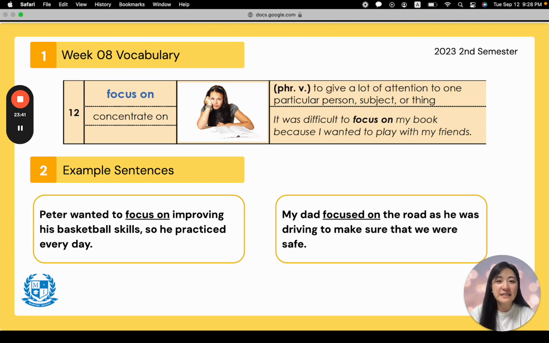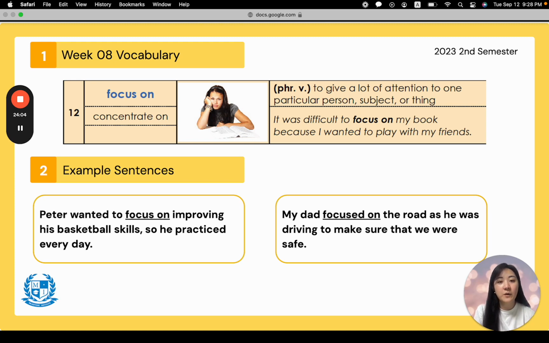Repeat after me. It was difficult to focus on my book because I wanted to play with my friends. Good. Example sentence 1. Peter wanted to focus on improving his basketball skills, so he practiced every day. So he was trying to concentrate on just doing better on basketball, so he practiced every day. Example sentence 2.